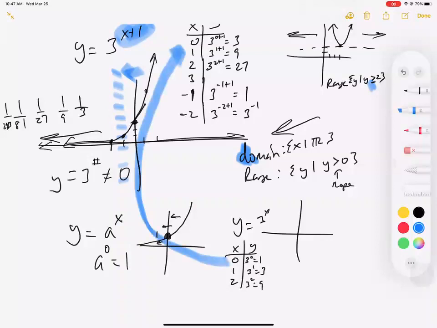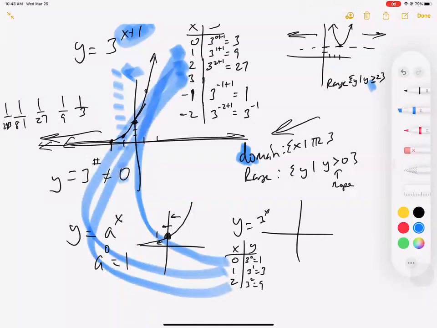At 0, we're at 1, but our old graph was at 3. But at 1, our graph is at 3, our old graph is at 9. And at 2, our graph is at 9, but our old graph was at 27. So the old graph is 1 step ahead of all our values here.